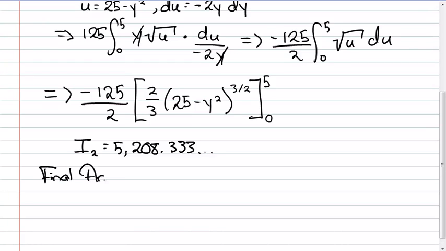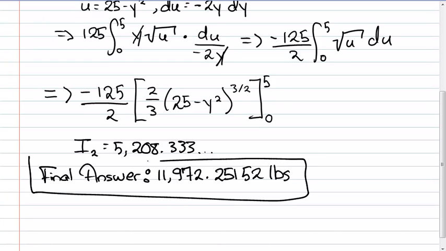So your final answer, after subtracting the two values that we found, we're going to have 11,972.25152 pounds. Wasn't so messy after all.